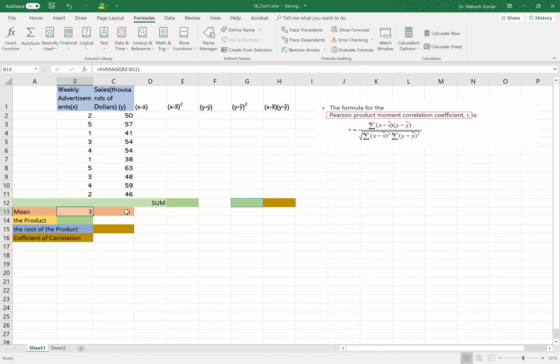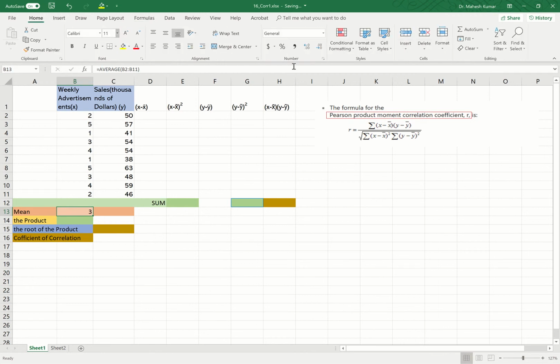This is 3. So on average, 3 advertisements were placed during each week. If we go to home and increase the decimal points, we see this is 3.0, so it is a whole number. Similarly, we calculate the mean of series Y now.